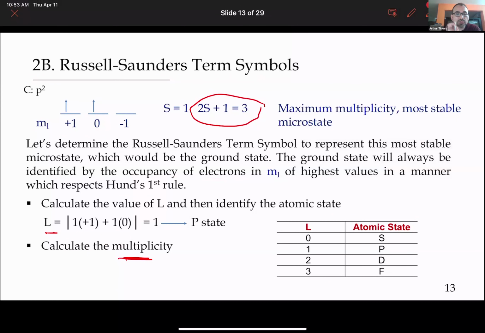So the Russell-Saunders term symbol to define this particular system would be a value that's going to be 3P, where we draw it like this, where we have the P value and then we have the multiplicity as a superscript to the left of the atomic state. And that is our term symbol for the most stable microstate.